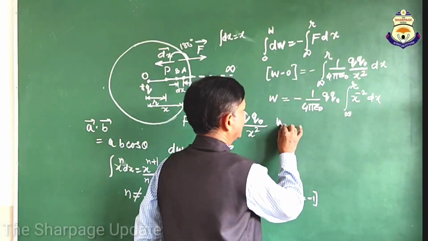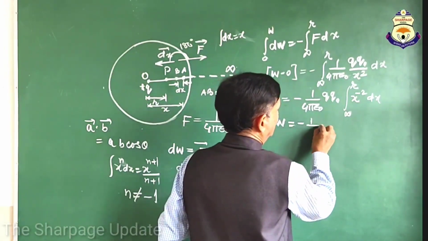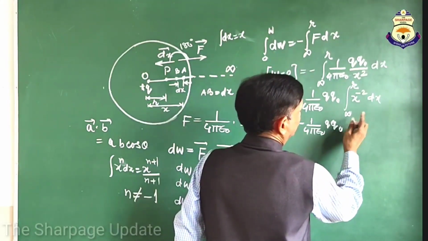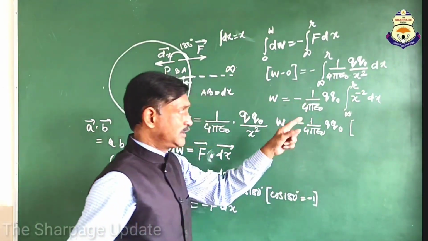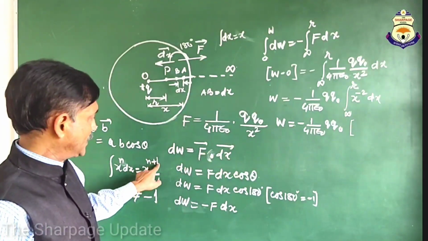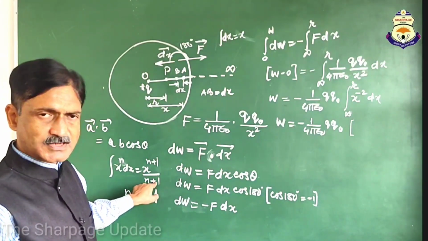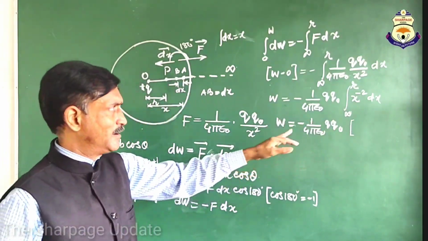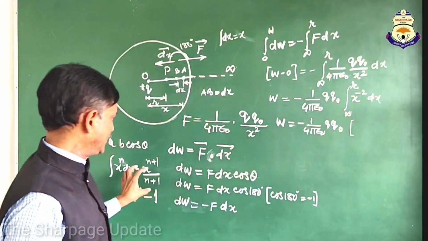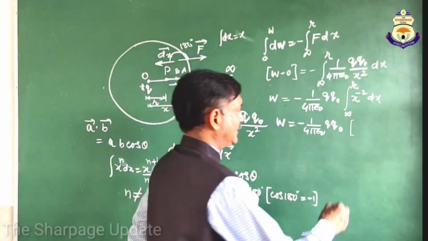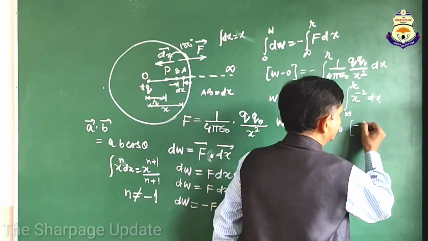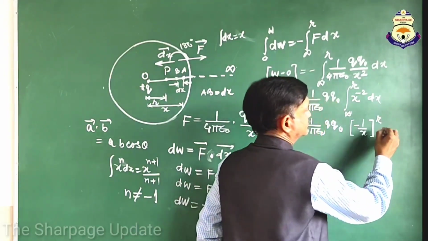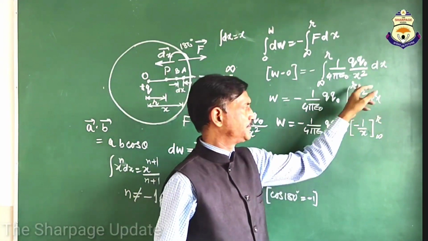So W equal to minus 1 upon 4 pi epsilon 0 q0 into x to the power minus 2 plus 1 upon minus 2 plus 1. So here I am writing directly. By solving this integral with the help of this formula, we get minus 1 upon x, and the limits are infinity to r.